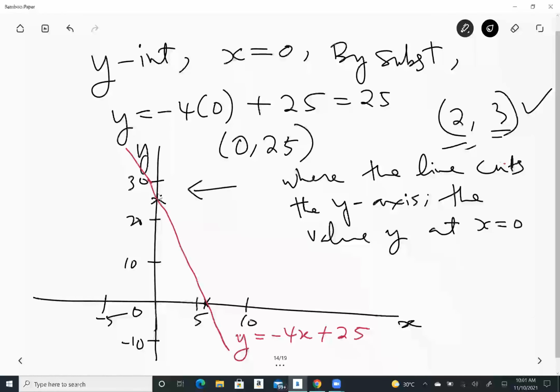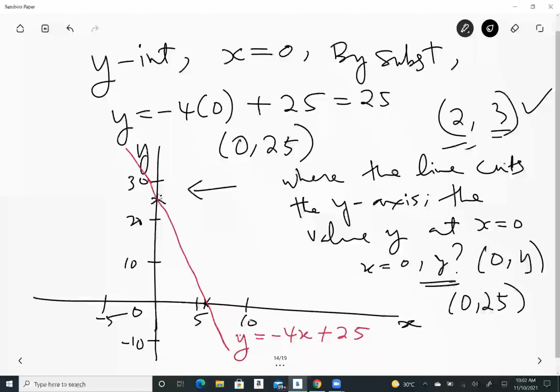So when x equal to 0, you want to find y. That will be our y-intercept. So the coordinate will be (0, y). That means x equal to 0, there is just the value of y. So the example here is (0, 25).